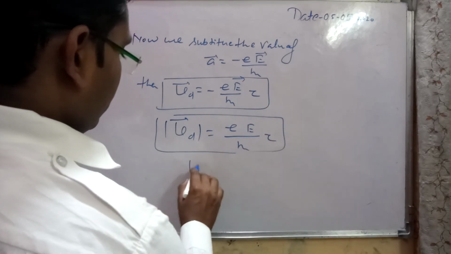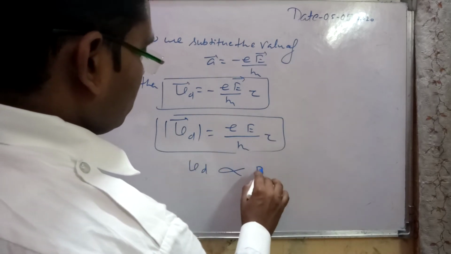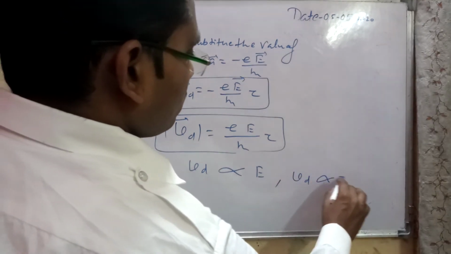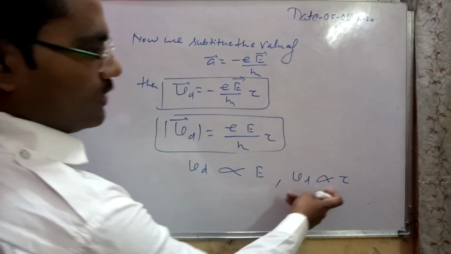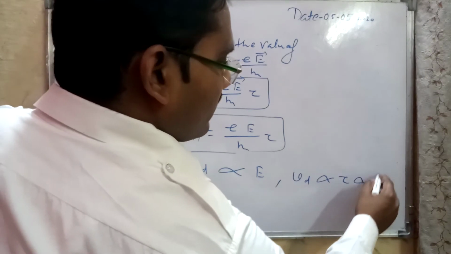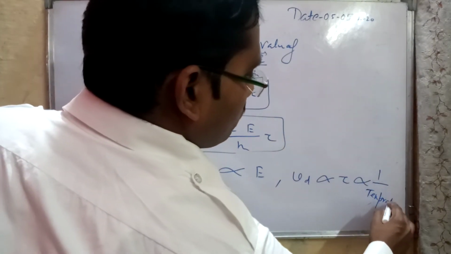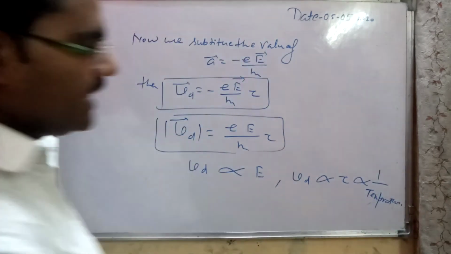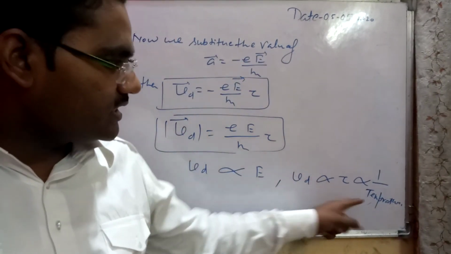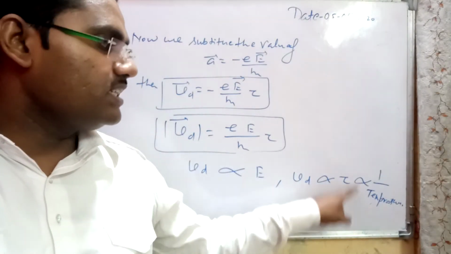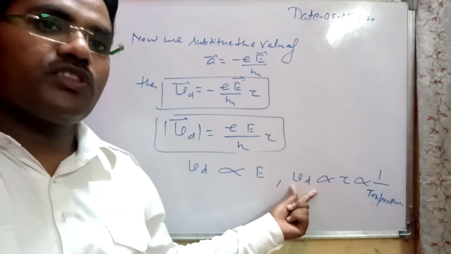So now we get that drift velocity is directly proportional to electric field, and drift velocity is also directly proportional to relaxation time, and relaxation time is inversely proportional to temperature. That means drift velocity is inversely proportional to temperature. If the temperature of a conductor increases, drift velocity decreases.